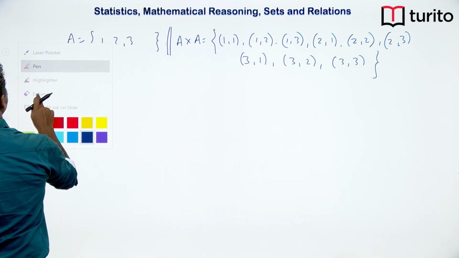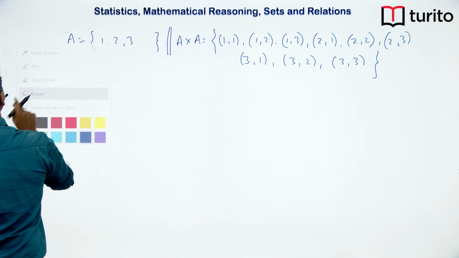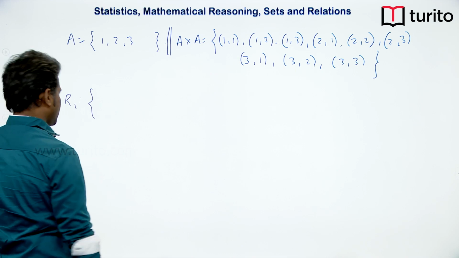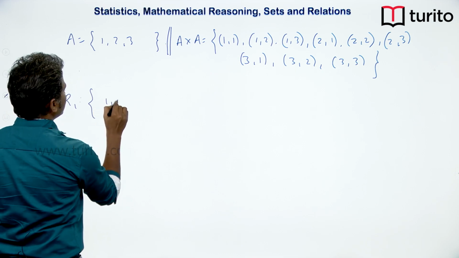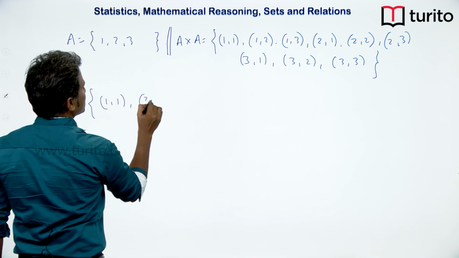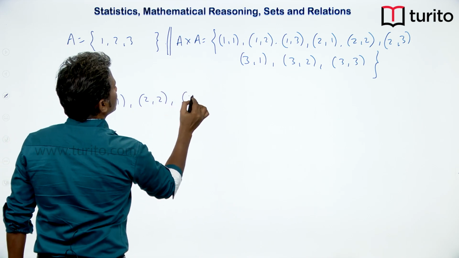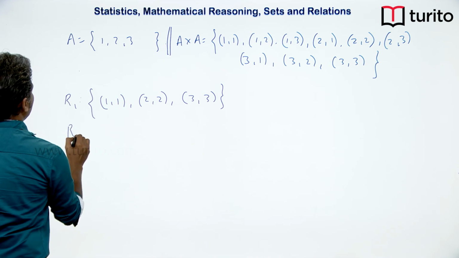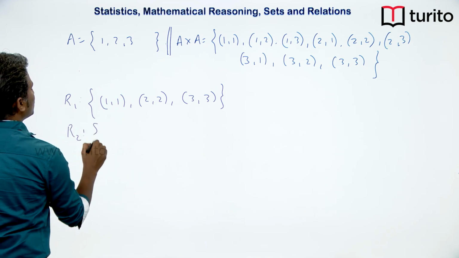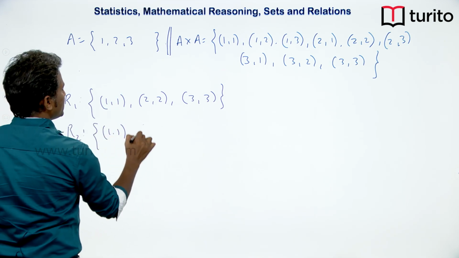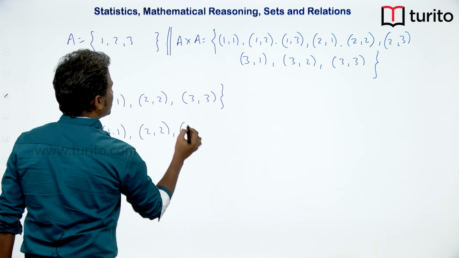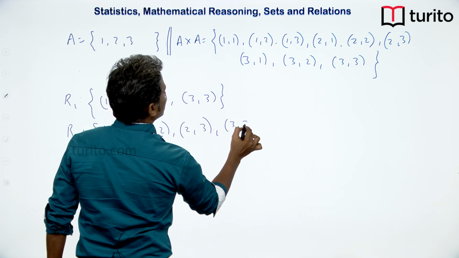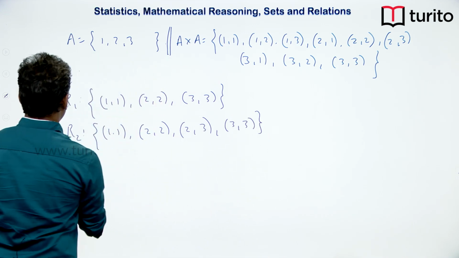So let us say I take one relation R1 here which contains elements like this. Okay. Now let me take another relation R2 which contains 1 comma 1, 2 comma 2, 2 comma 3, 3 comma 3. Now let me take one more.